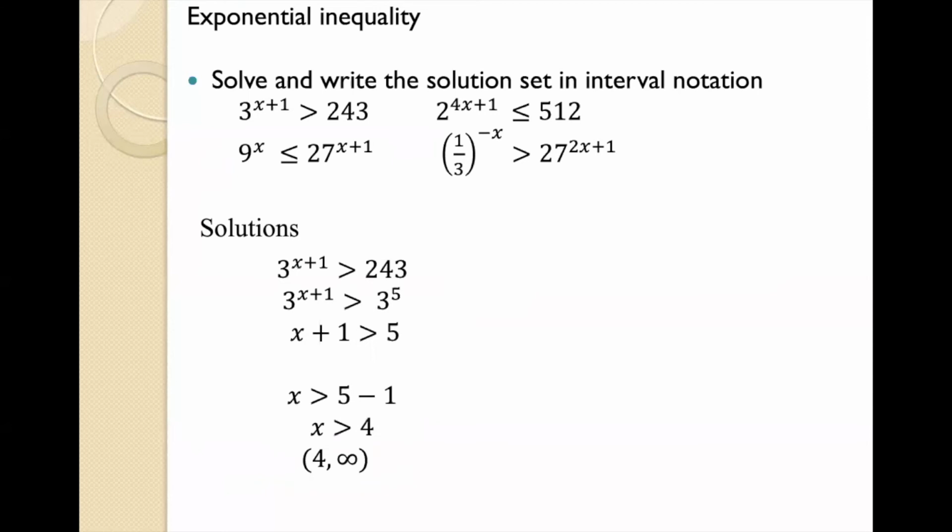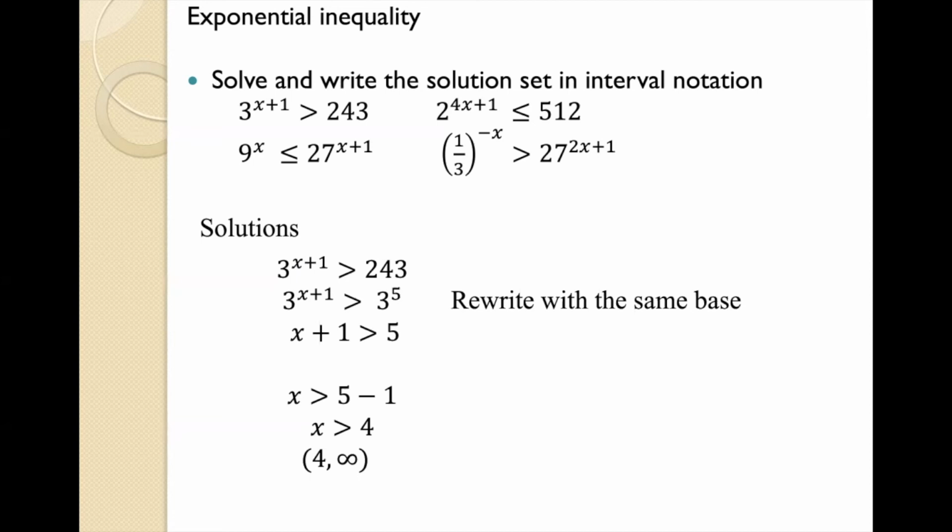So, the first one, same, rewrite them with the same base, and when they have the same base already, solve the resulting inequality. So, you have 3 raised to x plus 1 is greater than 3 raised to 5, because 243 can be written as 3 raised to 5.